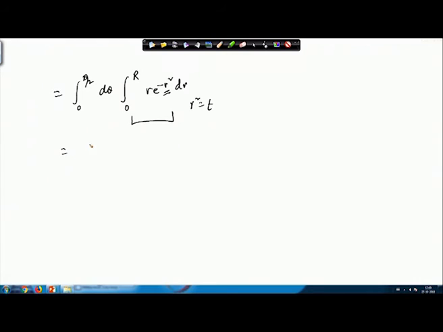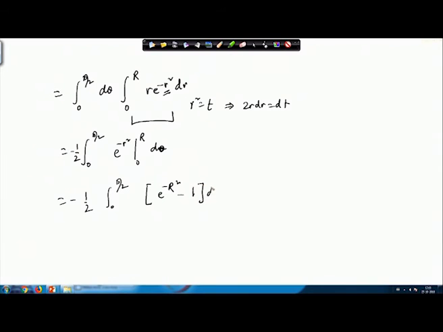Since 2r dr equals dt, this can be written as minus half, integral from 0 to pi by 2, of e to the power minus capital R square minus e to the power 0, so basically 1, d theta.